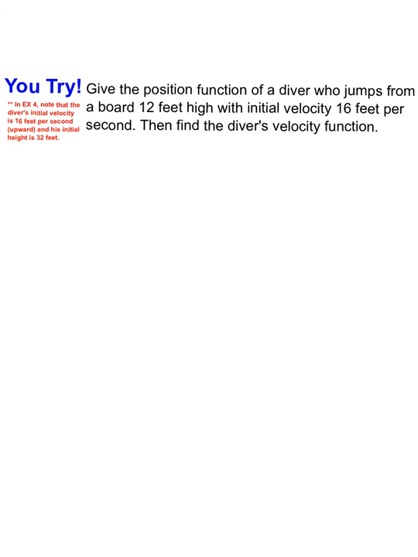So I did note here that the diver's initial velocity is 16 feet per second, and that's upward. So if they just fell down and didn't do any parabolic arc upward, there's where your negative would be. But because the diver is jumping upward, their initial velocity is 16 feet per second, so that's a positive amount.